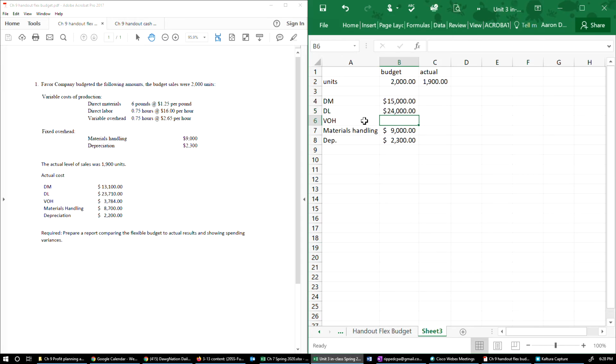All right. And variable overhead we'll do the same way. 0.75 overhead is applied at the rate of $2.65 per hour, 2,000 units. All right. And as it relates to actuals, we have that information, so we can just drop it in.